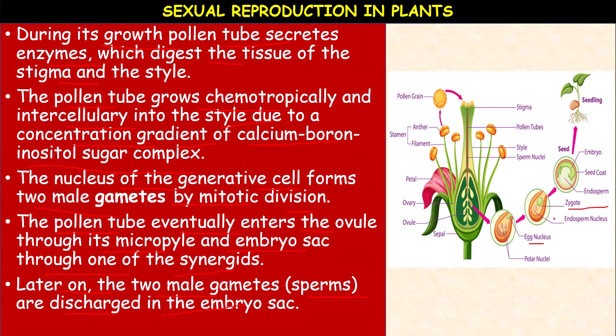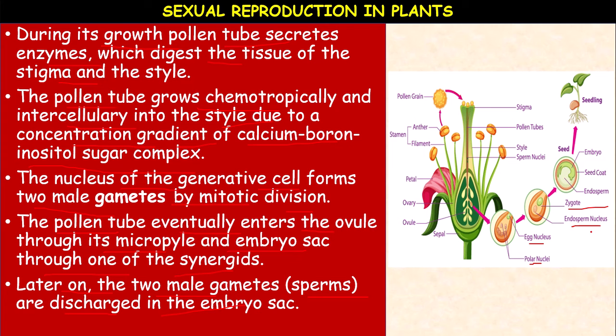The other male nucleus moves towards the two polar nuclei, or secondary nucleus as it is also called, located in the central cell, and fuses with them to produce a triploid primary endosperm nucleus. As this involves the fusion of three haploid nuclei, it is termed triple fusion.